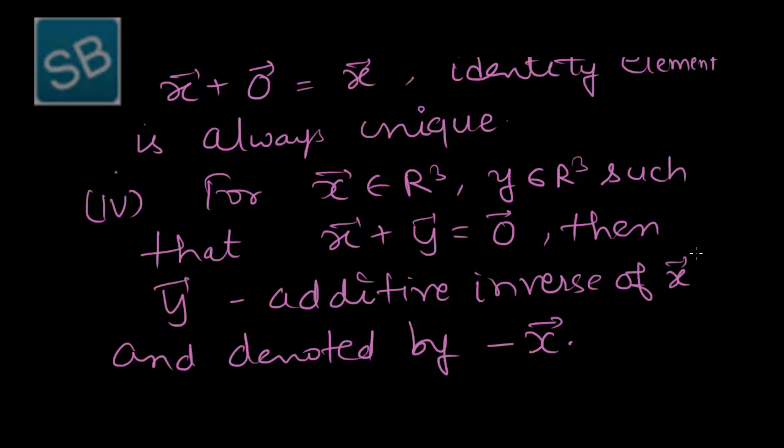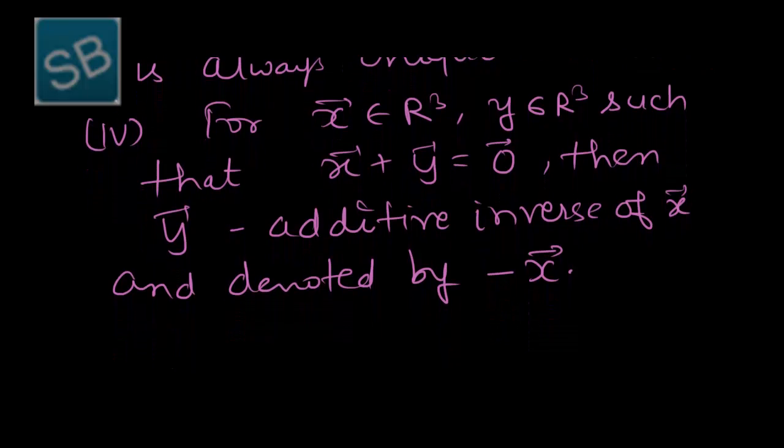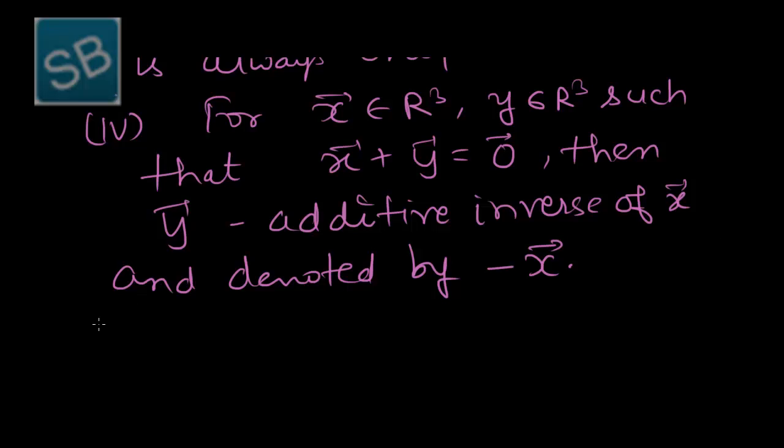That means if a vector belongs to R3 and it is a vector space, then its additive inverse must exist in that set.